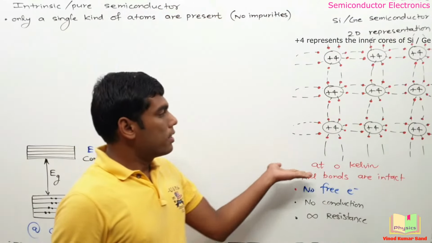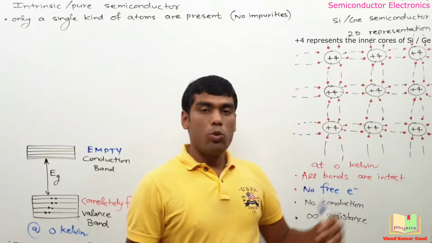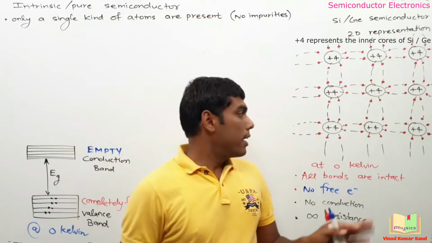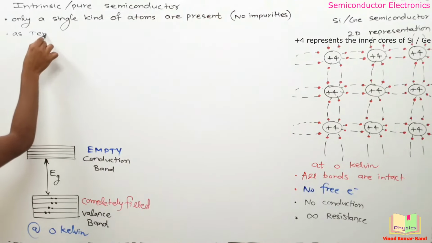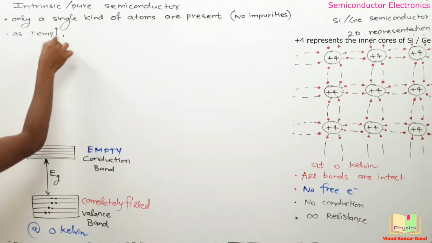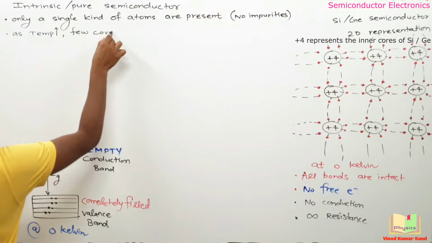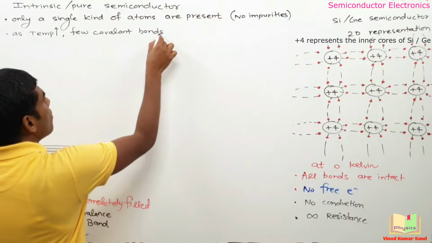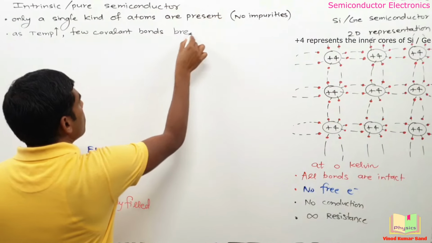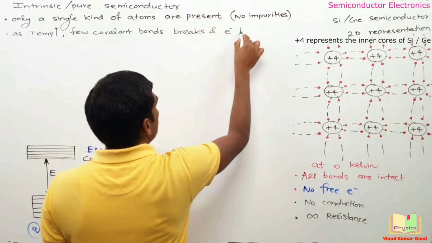Now suppose the temperature increases. As the temperature increases, few covalent bonds will break and the electrons will become free.